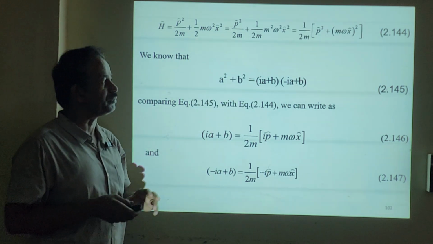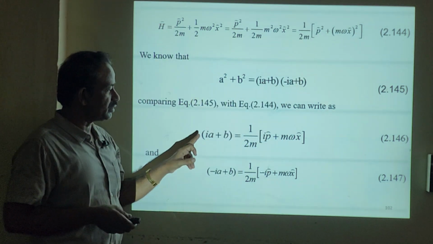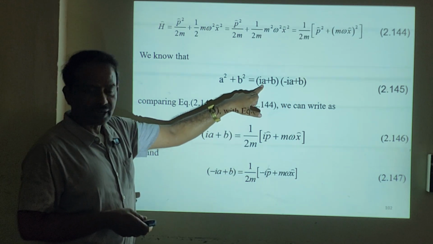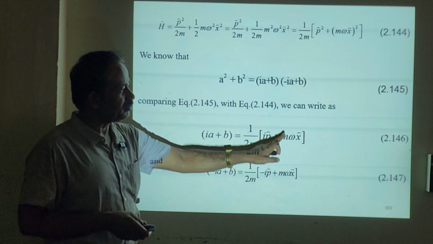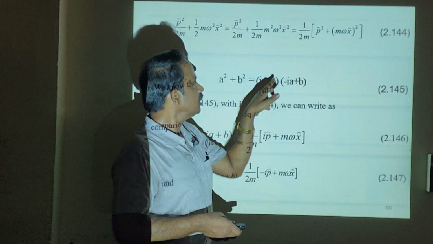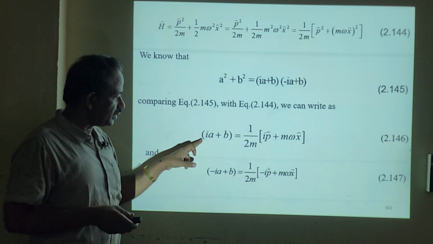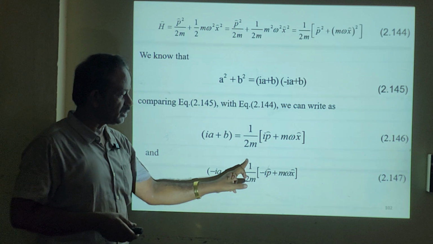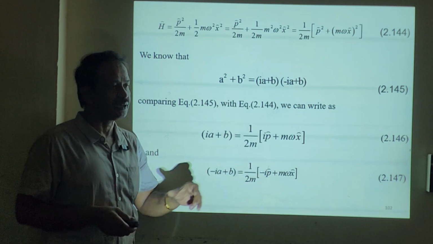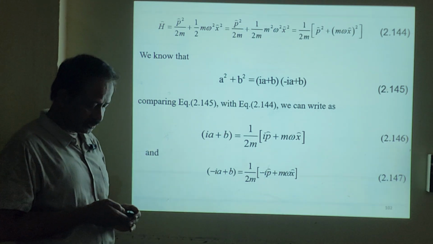So ia plus b can be written as 1 by 2m times ip plus, and b will be m omega x. You compare these two and you can write exactly like this, ip plus m omega x. Similarly, minus ia plus b can be written as 1 by 2m times minus ip plus m omega x. Is it clear? It's very important. Is it okay?